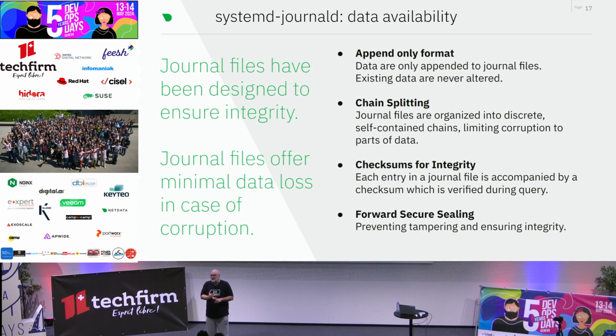This chain splitting allows it to recover as much as possible in case of corruption. So you have a corruption on disk. Systemd journal will recover as much as possible. You're going to lose the chain where the corruption was, but you will not lose everything. It has checksums for integrity, so when you query that thing, everything is validated. You are sure that you get the right log entries back.